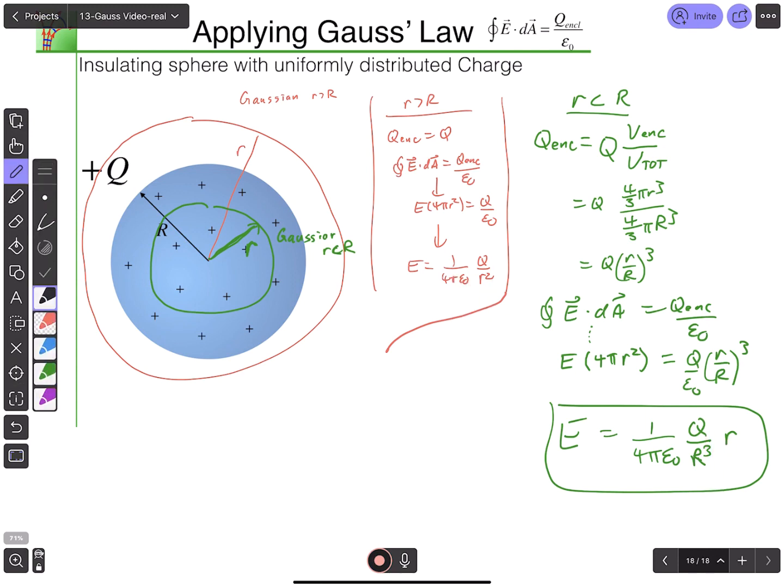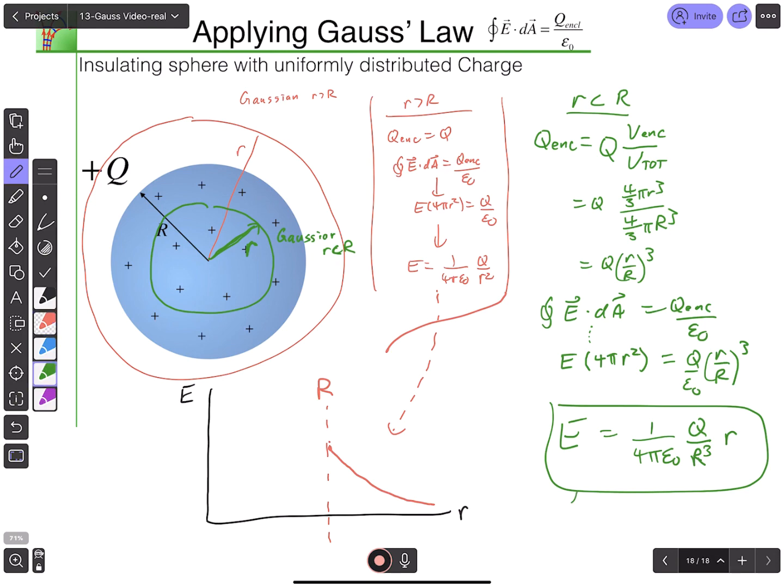The best way to see that is to draw a graph again of the electric field versus the distance, and here I will put r. When we're outside, it just goes off as 1 over r squared again. We saw that it does this thing here, it's just a 1 over r squared. That's from this.